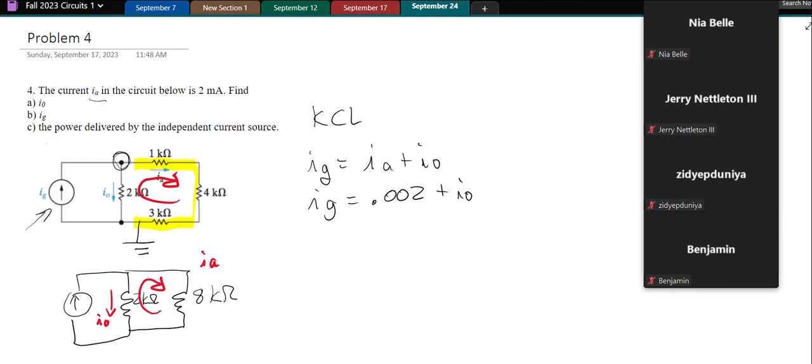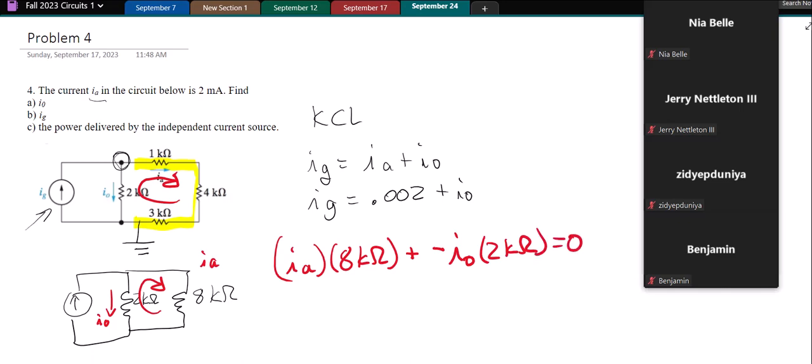So the voltage change through the 8 kiloohm resistor is IA times 8 kiloohms. Now notice as I'm going in the loop the way I have it drawn, up that central branch, I'm going in the opposite direction of I0 as it's drawn. So that will make that minus I0 times 2 kiloohms equals 0.